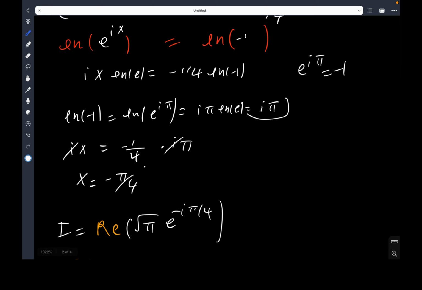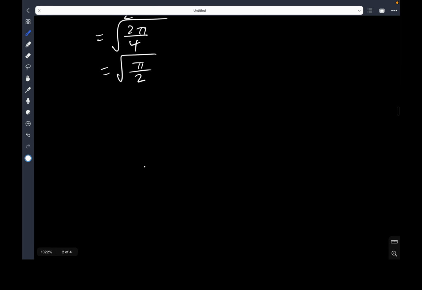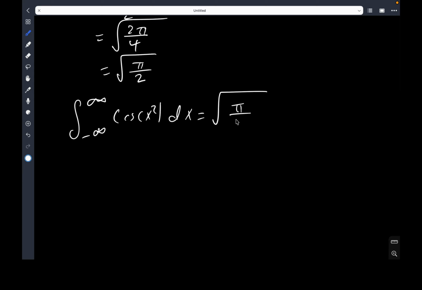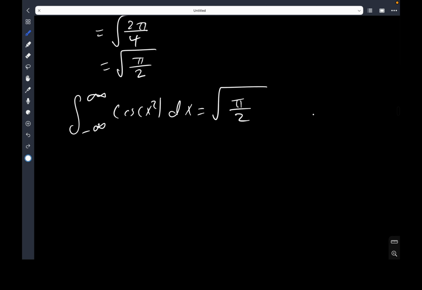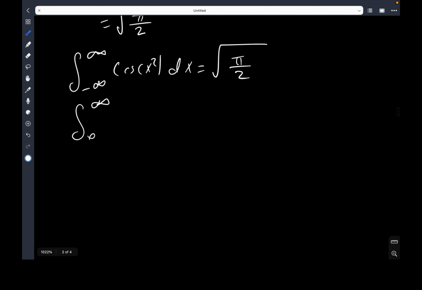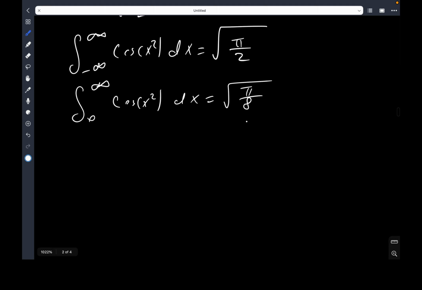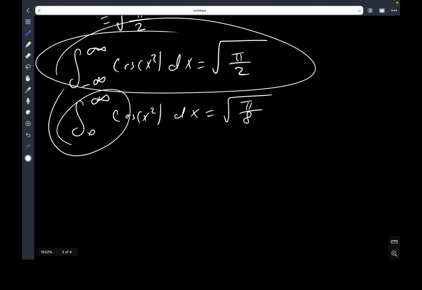Thus, the integral that we were working on here, from negative infinity to infinity of cosine of x squared dx, is square root of pi over 2, and you somehow see that the integral from 0 to infinity of cosine x squared dx is written as root pi over 8. This is because these two are even and odd functions.